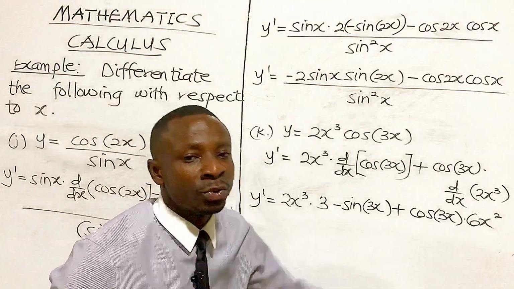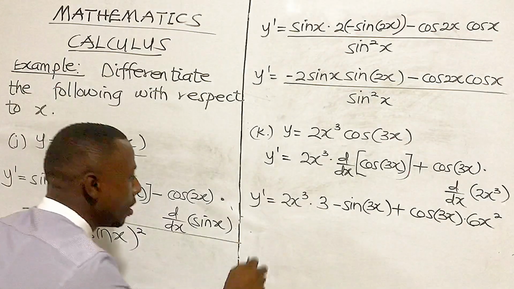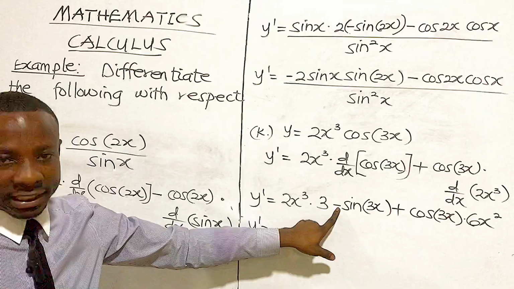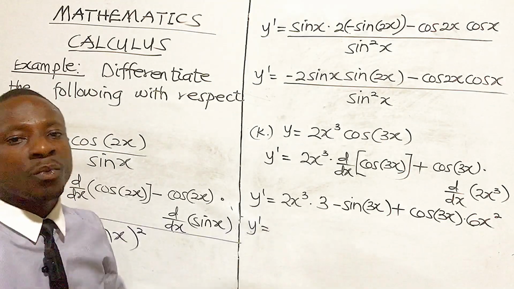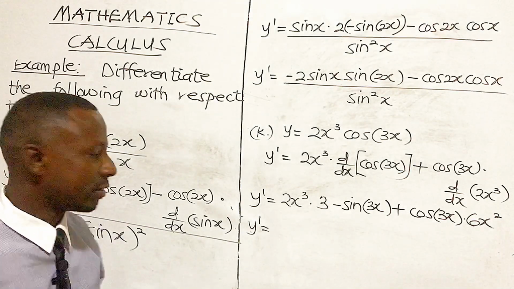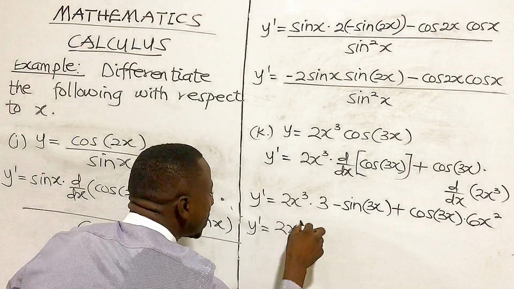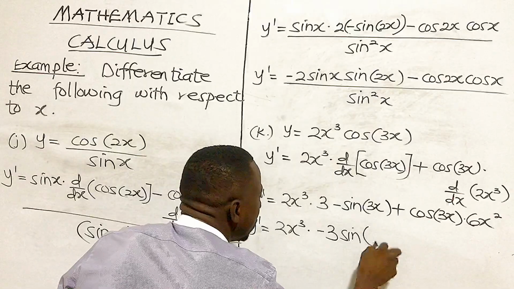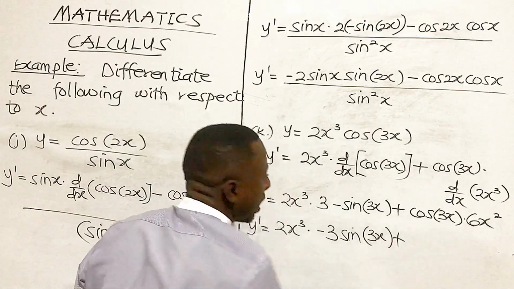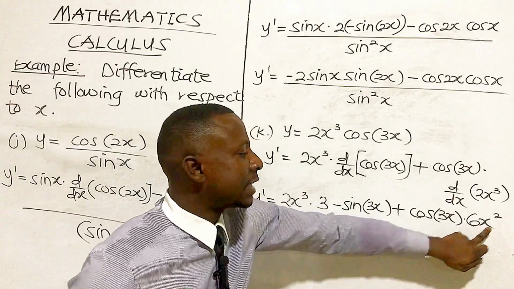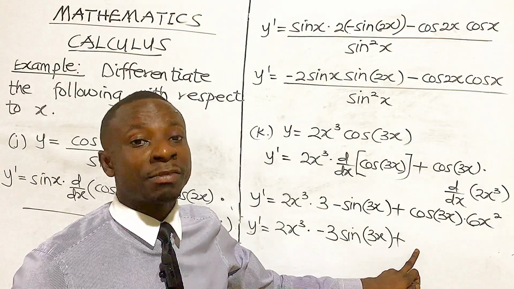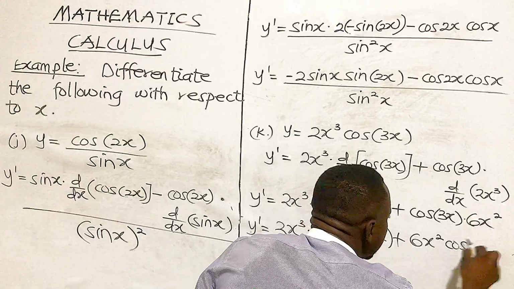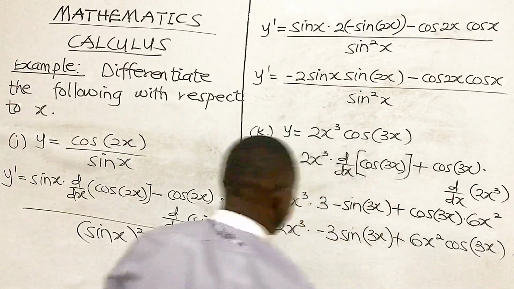So from here, we are going to evaluate. So I have y prime to be equal to, there is negative here, times 3. We are going to get negative 3. So we have 2x cubed multiplying negative 3 sine 3x plus, and over here the 6x squared, we are going to write it first. So we have 6x squared cos 3x.